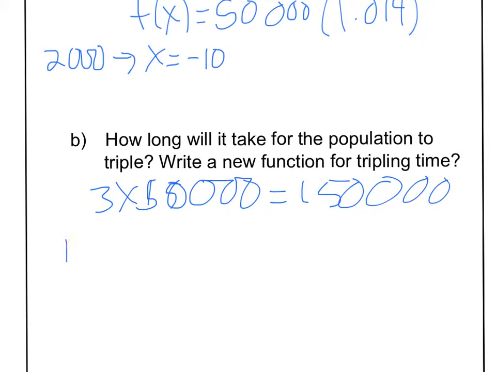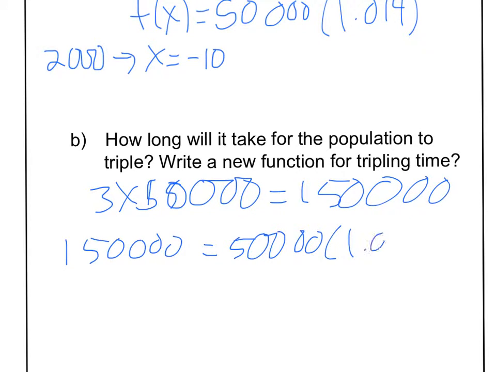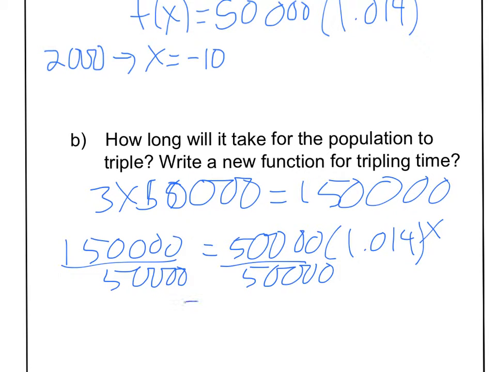So we're going to say 150,000 equals 50,000 times 1.014 to the x. I'm going to divide both sides by 50,000. And that leaves me with 3 equals 1.014 to the exponent of x.